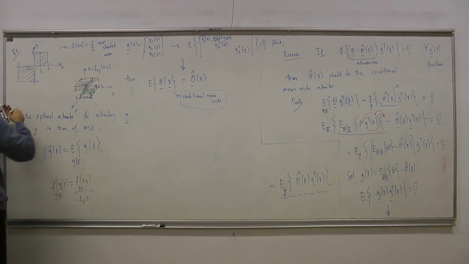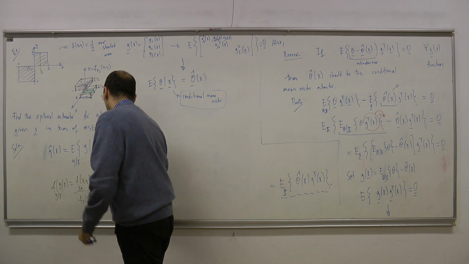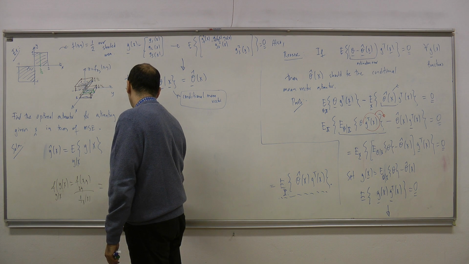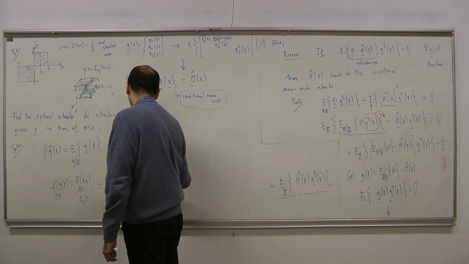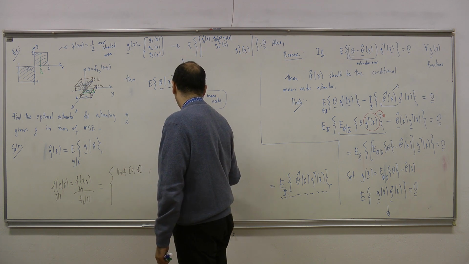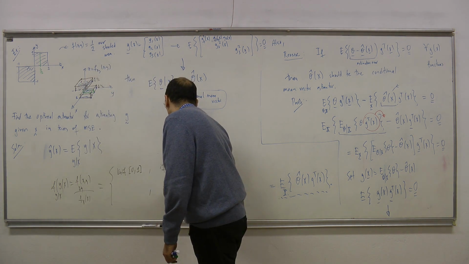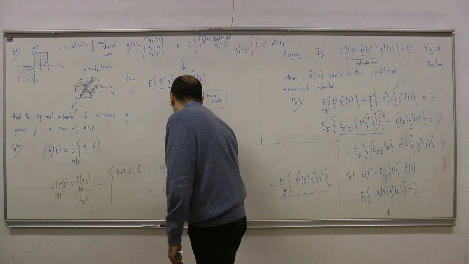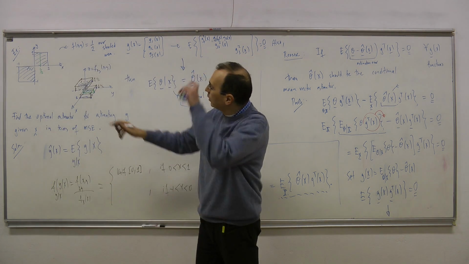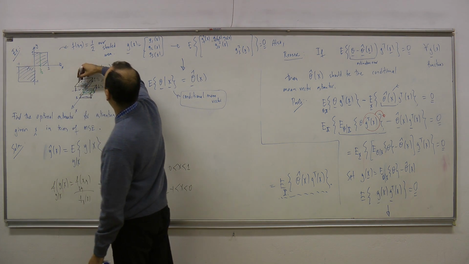So let me write this. This is a uniform distribution between 0 and 1, if x is between 0 and 1. Am I right? For any x, I have the same issue. So how about this one? If x is between -1 and 0, the other part, now I have a uniform distribution for y between -1 and 0.